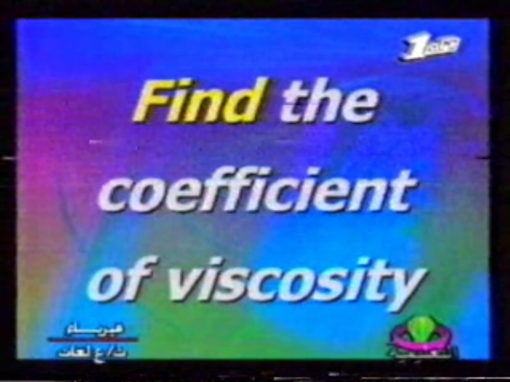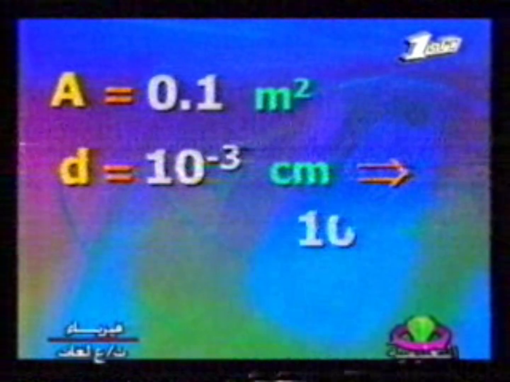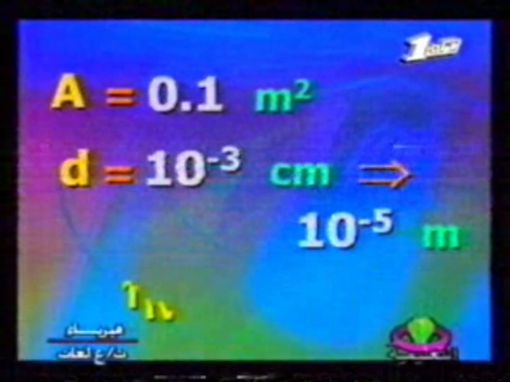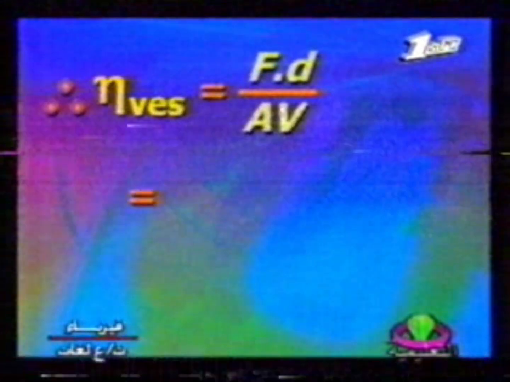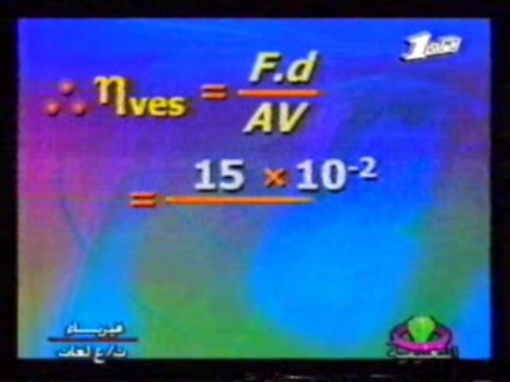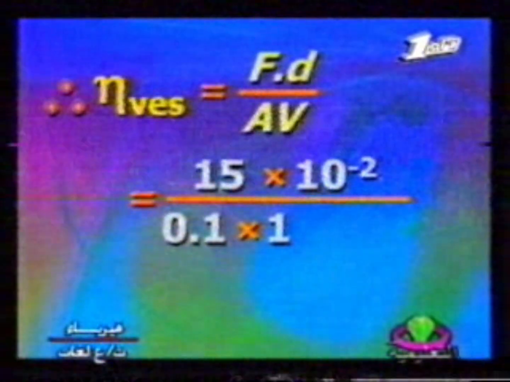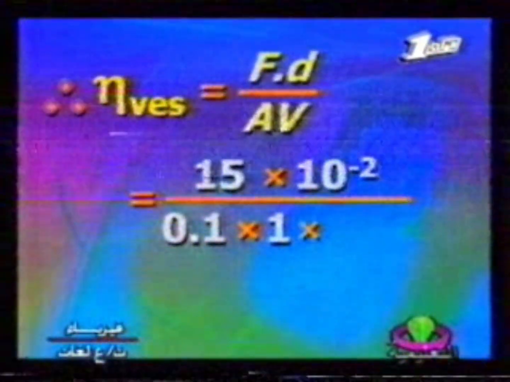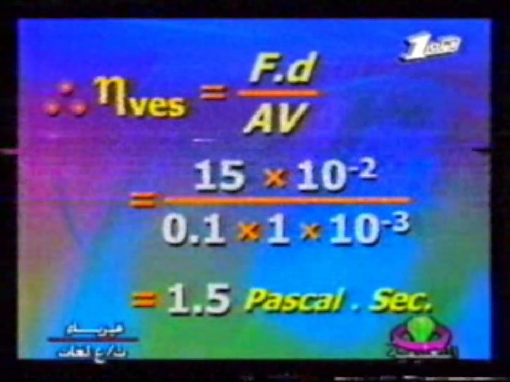To change it to meter, we have to multiply it by 10 to the power negative 2. It equals 10 to the power negative 5 meter. So we substitute in the relation. Since eta equals Fd over Av, therefore eta equals 15 times 10 to the power negative 2 over 0.1 times 10 to the power negative 3, it equals 1.5 Pascal dot second.